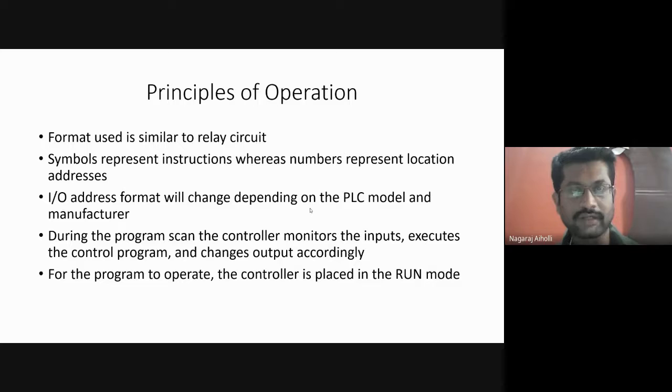The program stored by the user performs the operation on that input data, and then the output is provided. That output is going to control the field device. This is what is called one program scan, or the program scan cycle.